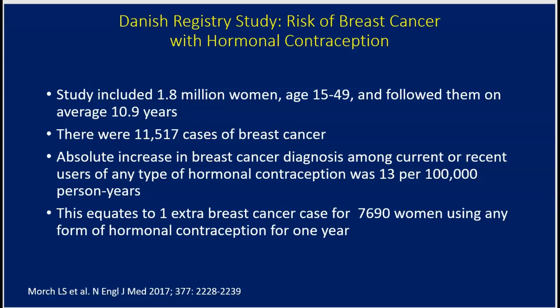The absolute increase in breast cancer diagnosis among current or recent users of any type of hormonal contraception was about 13 cases per 100,000 person years. So again, a fairly low rate. And this, in fact, equates to about one extra breast cancer case for every almost 7,700 women using any form of hormonal contraception for 1 year.